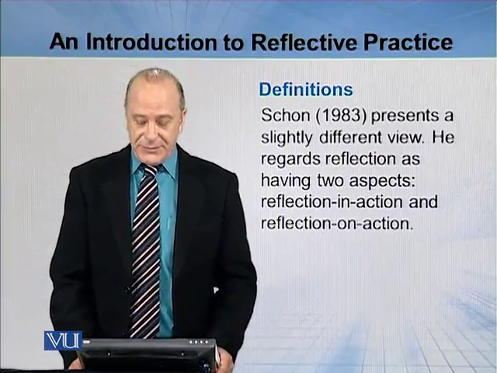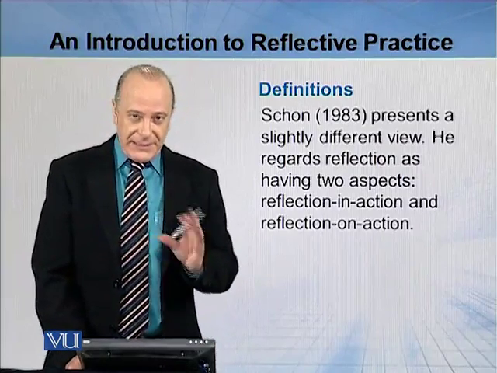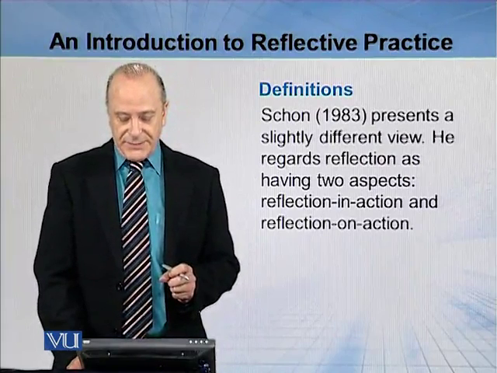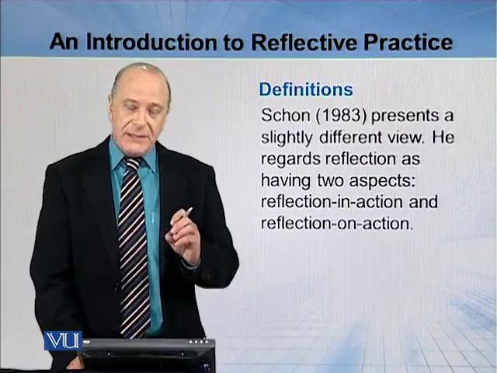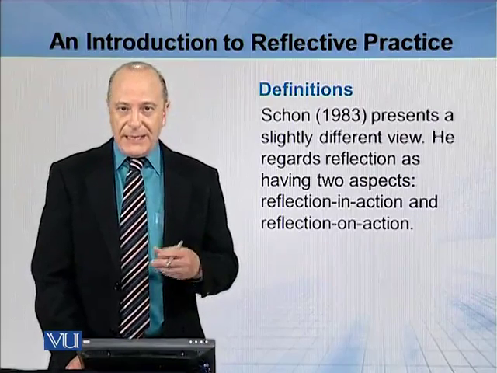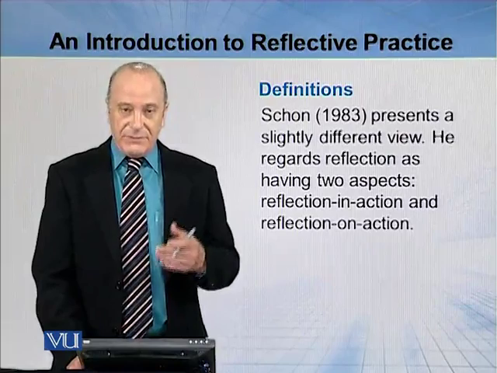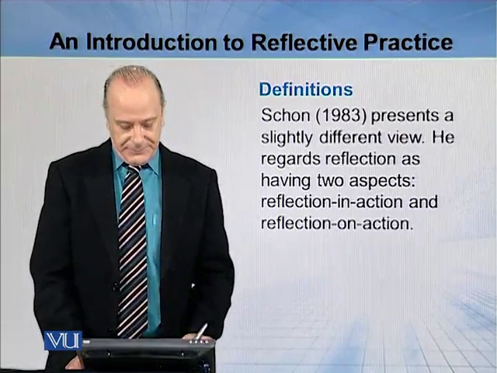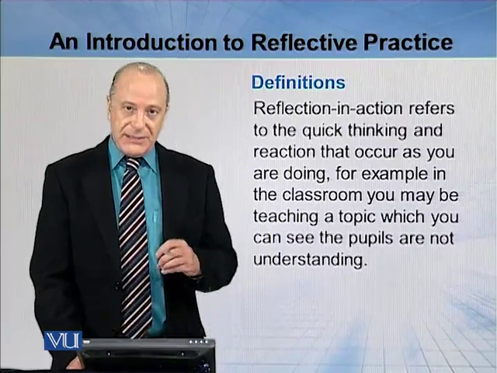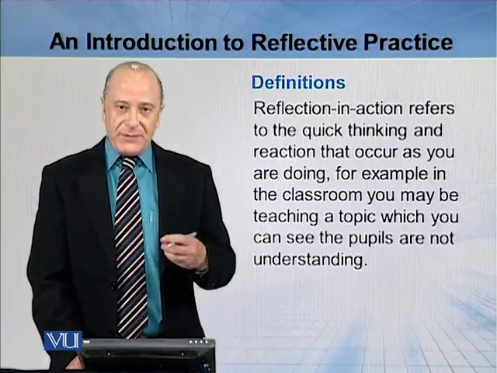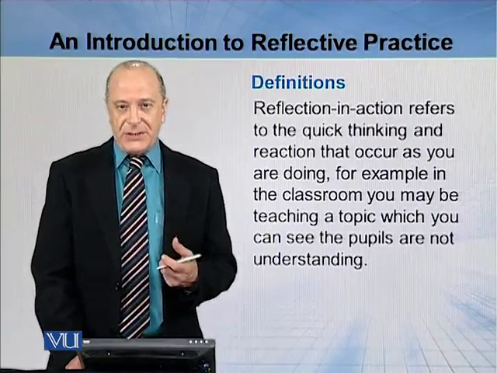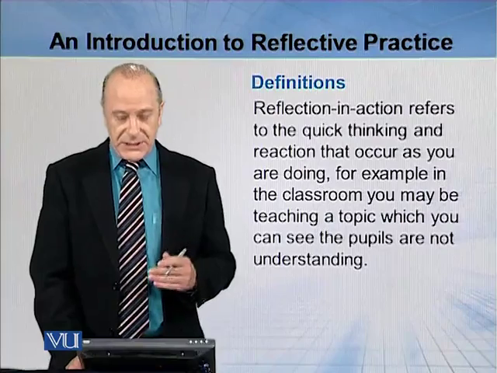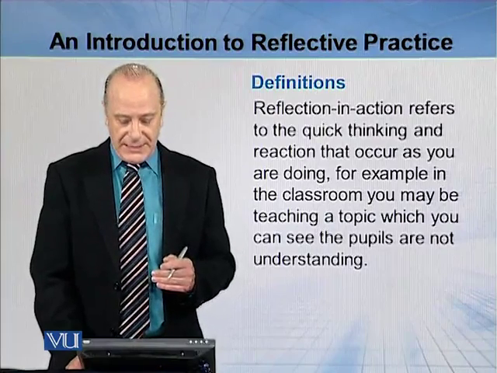Schoen in 1983 presents a slightly different view, a different definition of reflective practice. He regards reflection as having two key aspects, and he labels these as reflection in action and reflection on action. Reflection in action refers to the thinking, the reflection that the teacher does moment to moment while teaching is happening, while they're in the classroom.